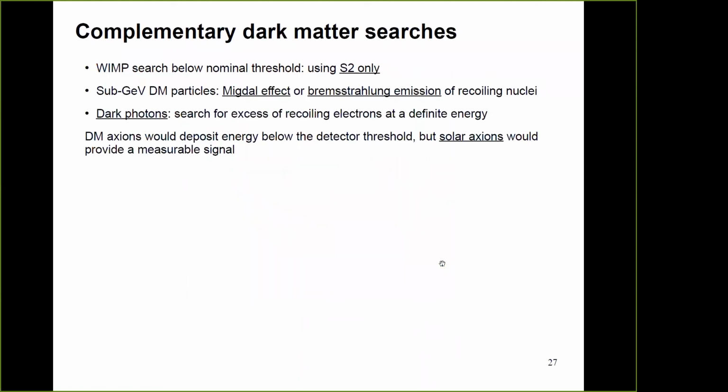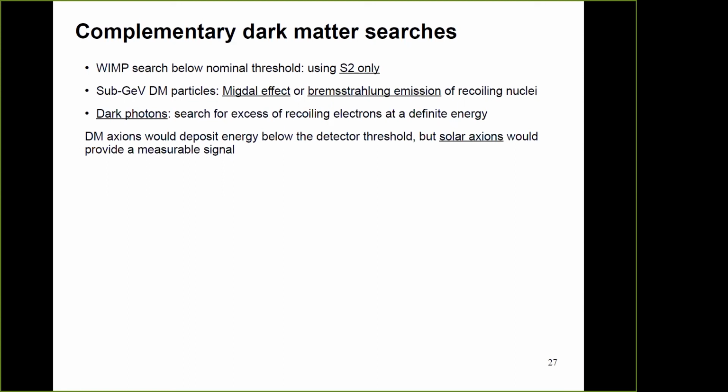In addition to this standard dark matter WIMP search, there are several other complementary dark matter searches that are planned that I'm briefly mentioning here. One is the WIMP search below the nominal threshold. The nominal threshold is set because we want, as a requirement, to observe both S1 and S2, but the threshold on S1 is higher than S2.